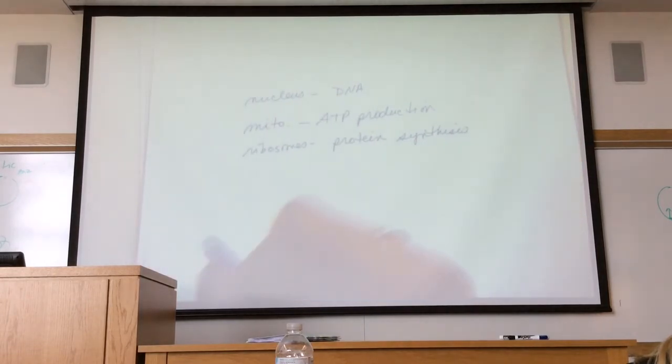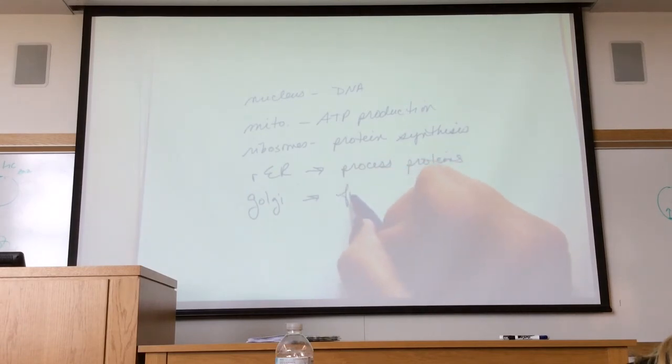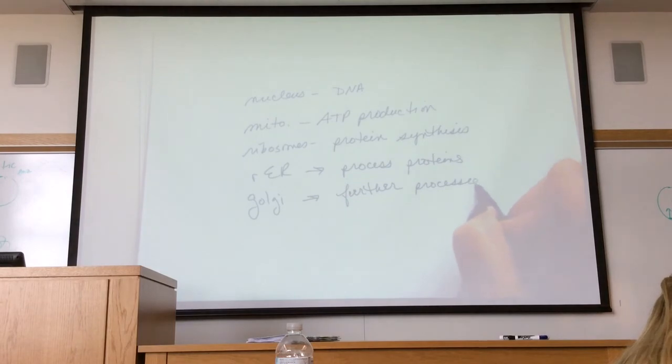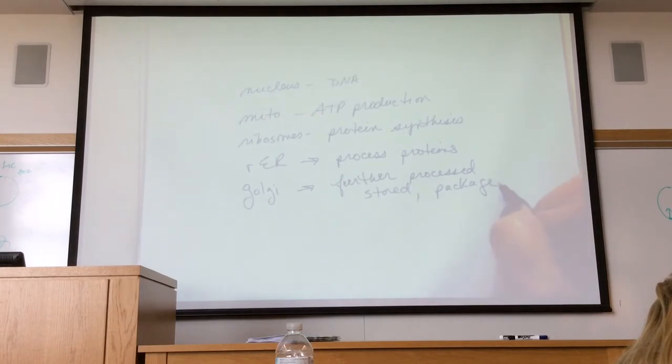The proteins can then go to the rough endoplasmic reticulum, which will process those proteins. Then those proteins could go to the Golgi, where the proteins are further processed, stored, packaged to get ready for secretion.